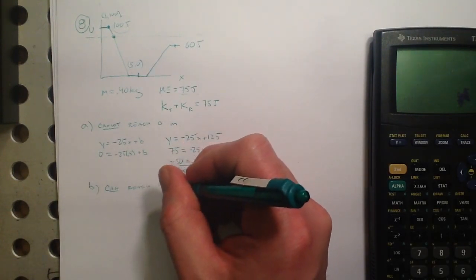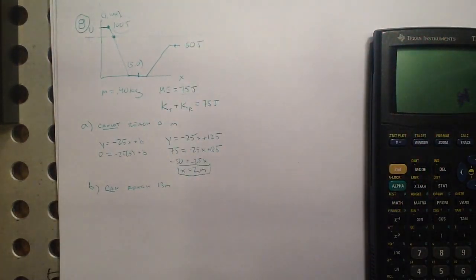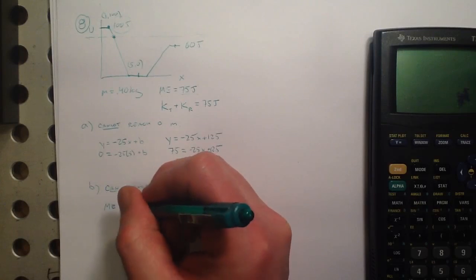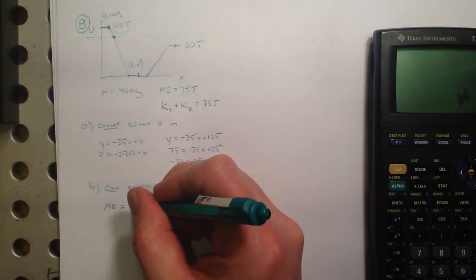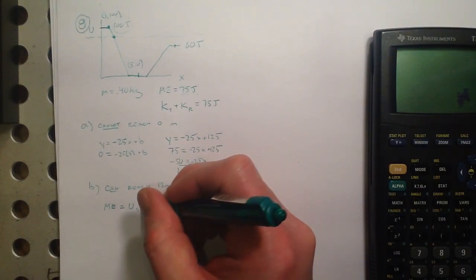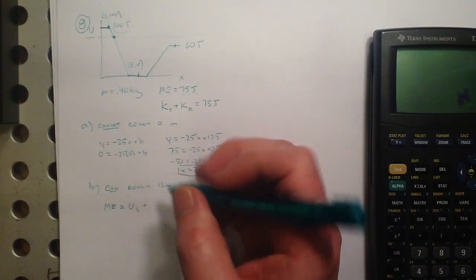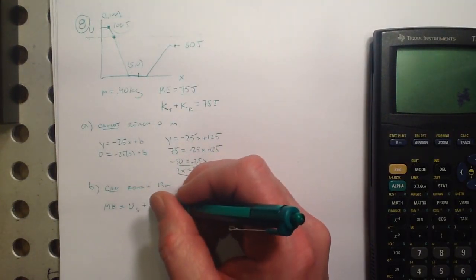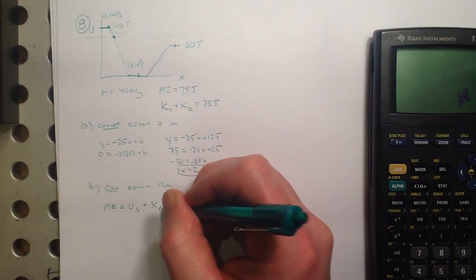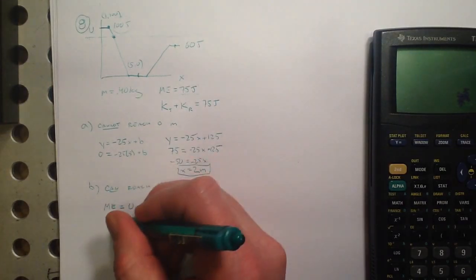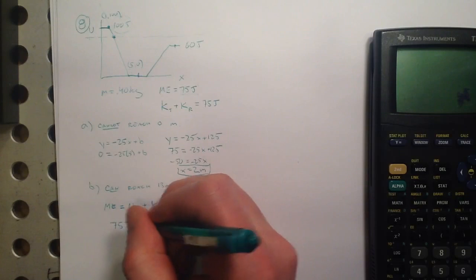reach 13 meters. And at that point, the total mechanical energy, which is equal to the potential energy stored in the sphere or in this system, right? Whatever it's from, they called it U_S, so I will too. Kinetic energy of rotation plus kinetic energy of translation. And I know the total energy is 75 joules, right?